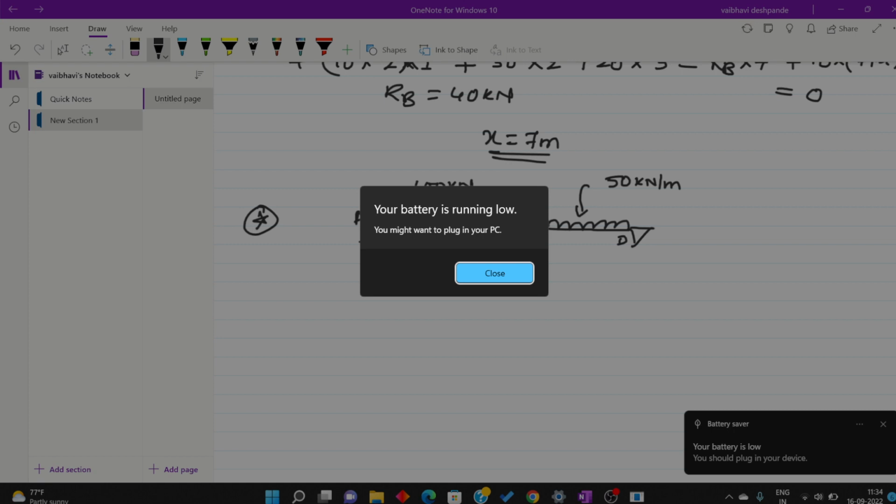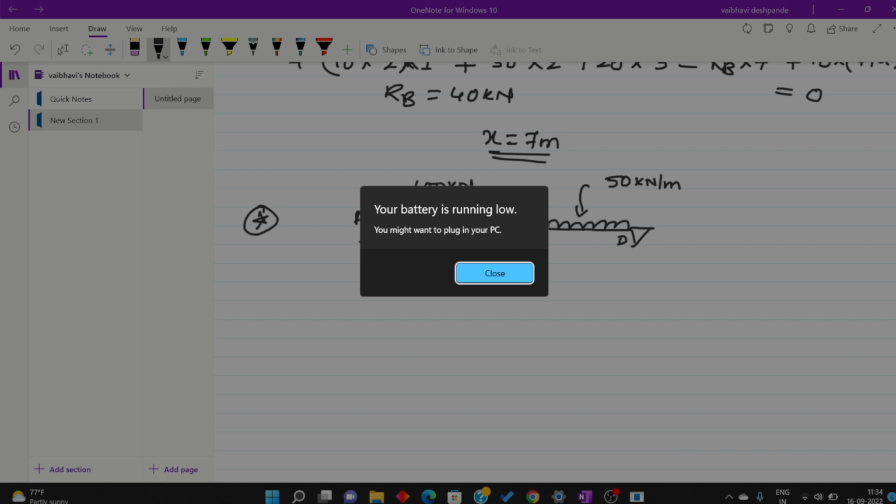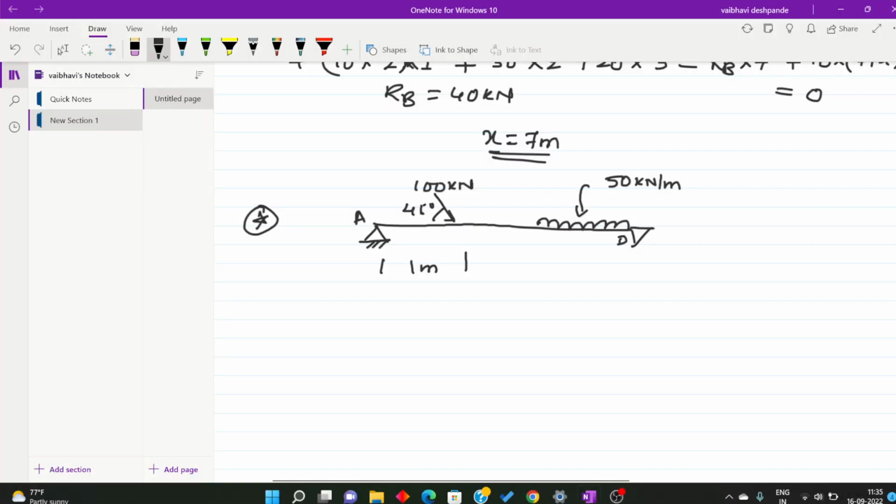Now in this case, how to solve this? It is very important, and they will be giving the angle. So how to find that angle and solve? Let us see. This inclined roller is there.